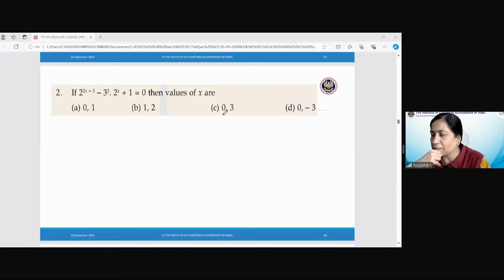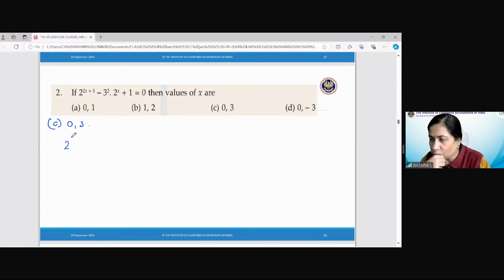So let us try with 0, 3. So I am considering option C, 0, 3. Okay. So 2 into 0 plus 3, minus 3 square is 9 into 2 raised to 0 plus 1.